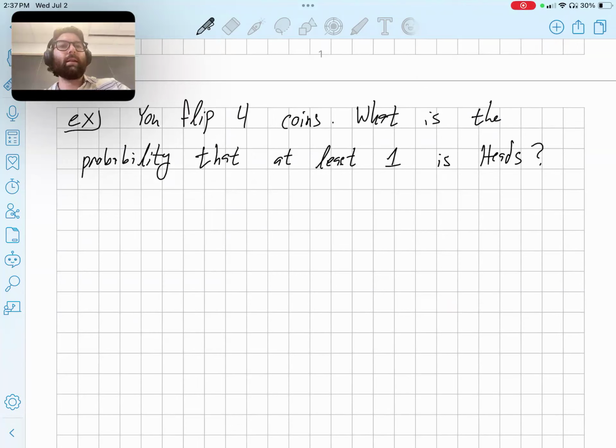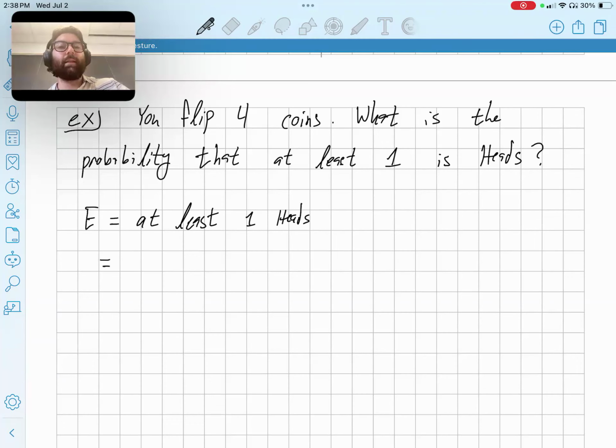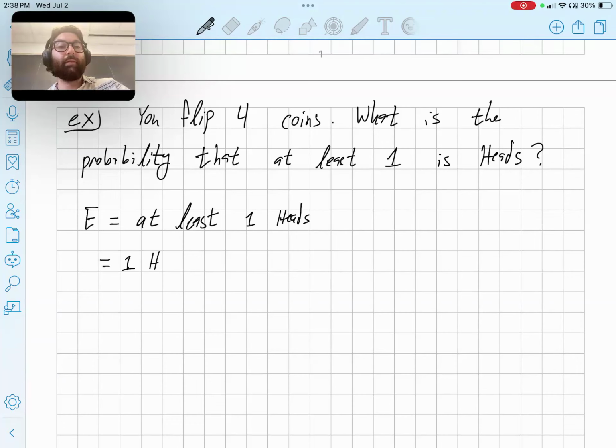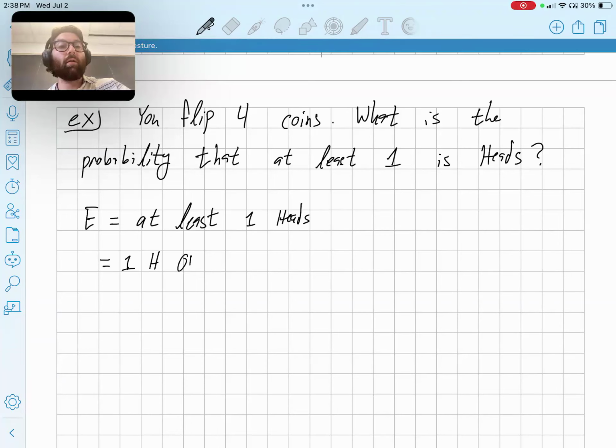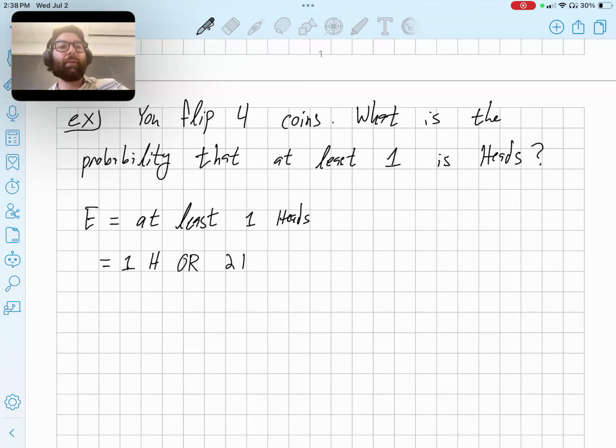So the event E is at least 1 heads. And that means that you could get exactly 1 heads, or you could get 2 heads, or you could get 3 heads, or you could get all 4 heads.